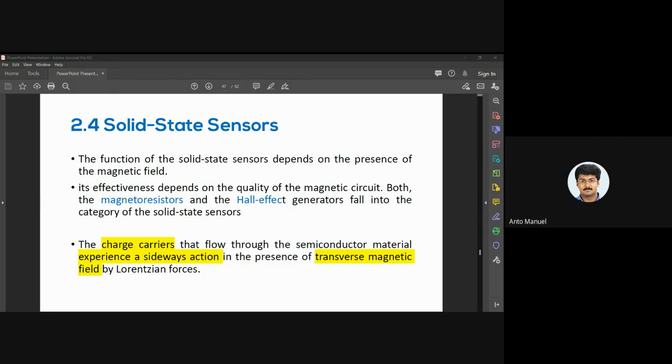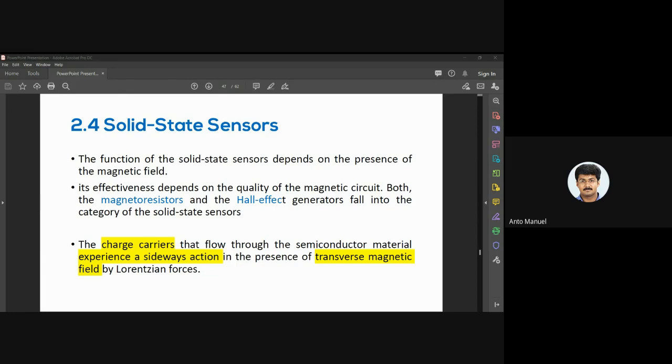The function of solid state sensors depends on the presence of magnetic fields. Obviously, a change in the magnetic field influences the electrical conduction of a conductor, in this case a semiconductor.